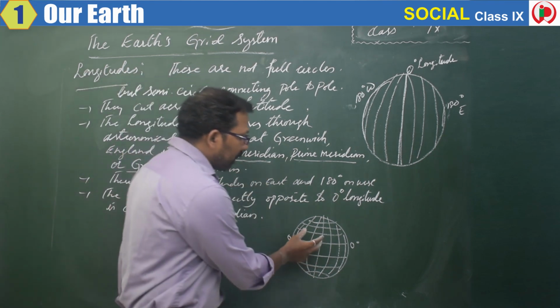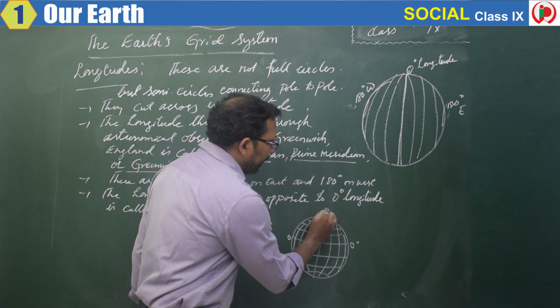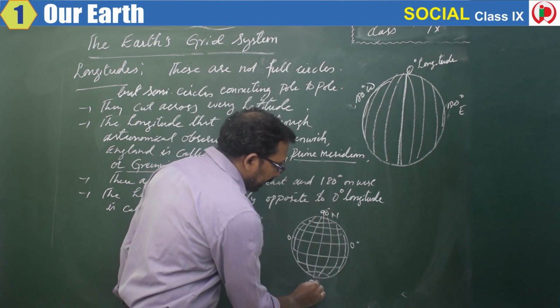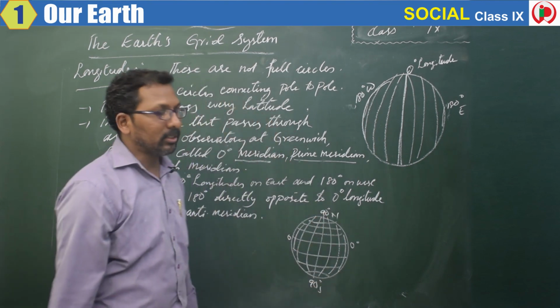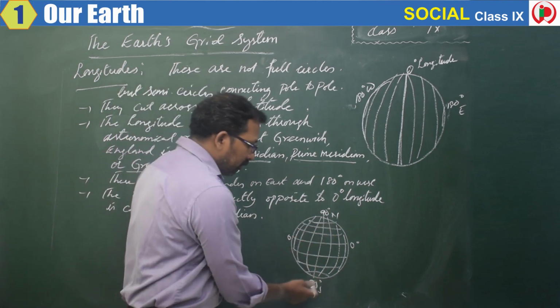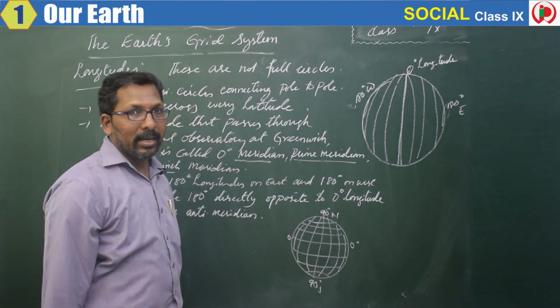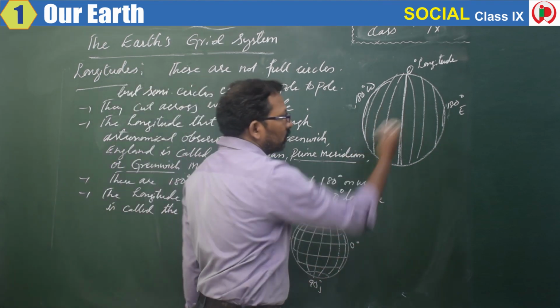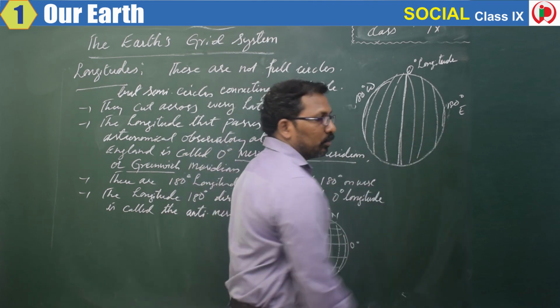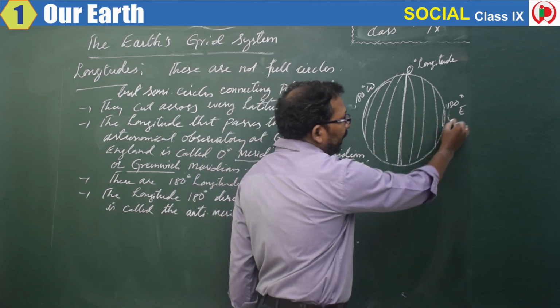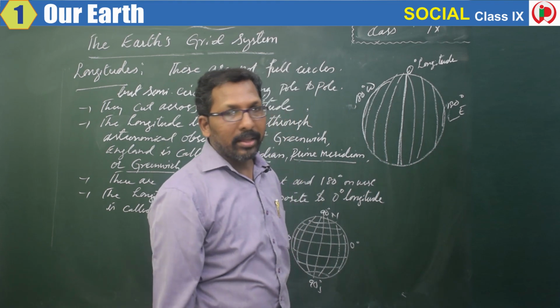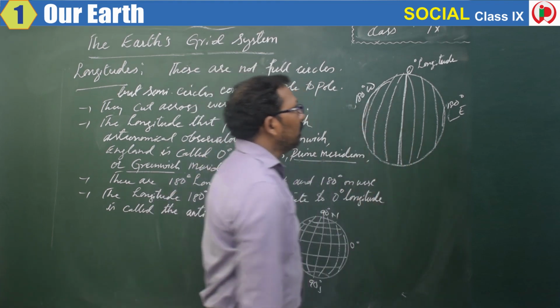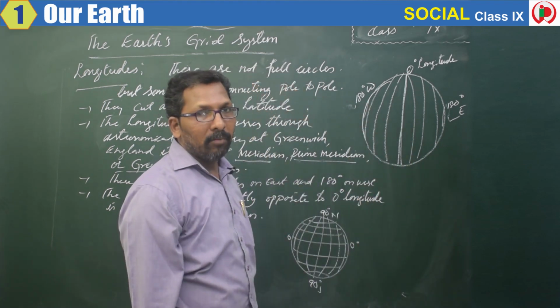Then how many longitudes are there? In the latitude, we observe that there are 90 degrees in the north and 90 degrees in the south hemisphere. So in total, 180 degrees of latitudes were there. Then how many longitudes are there? On the eastern hemisphere there are 180 degrees of longitudes, and on the western hemisphere there are 180 degrees of longitudes.